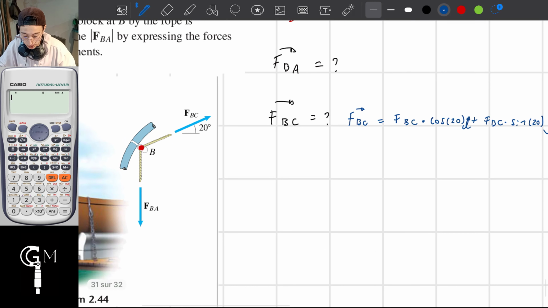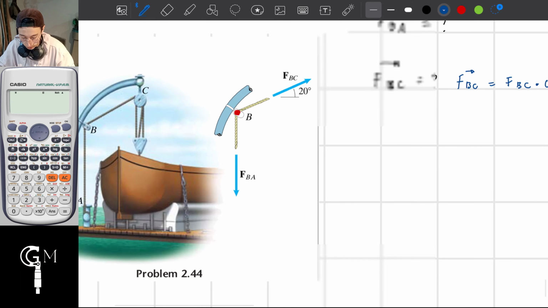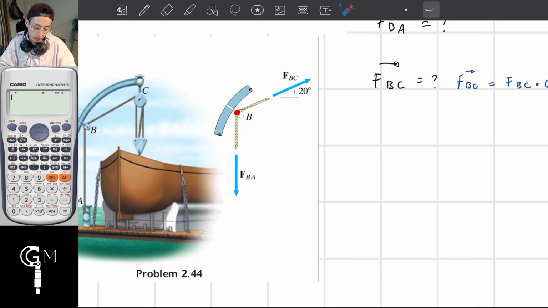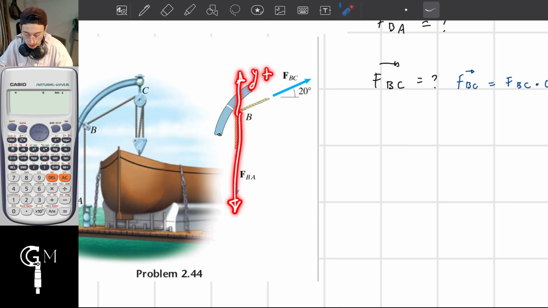Now, in the case of FBA, we just have one component. It doesn't have any variations or any other angles. So we can first determine that this component is going to be negative, since it's pointing towards the opposite direction for y.